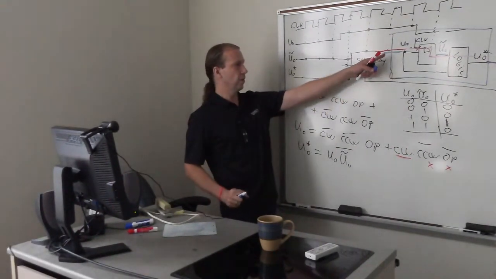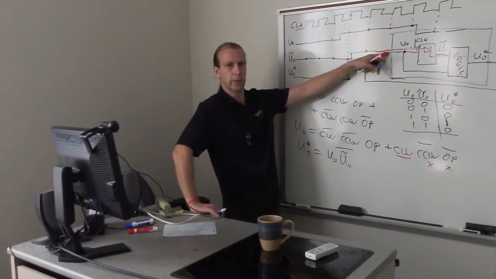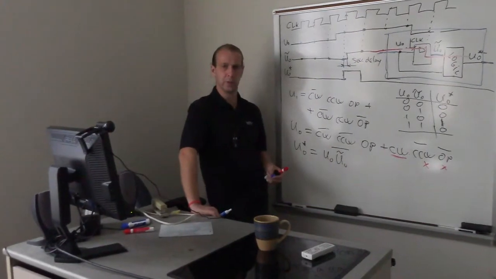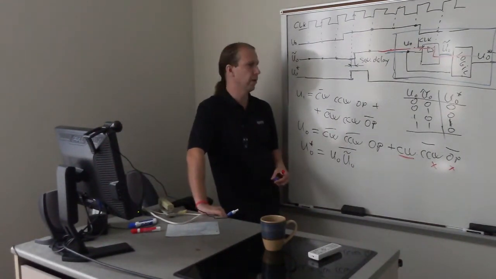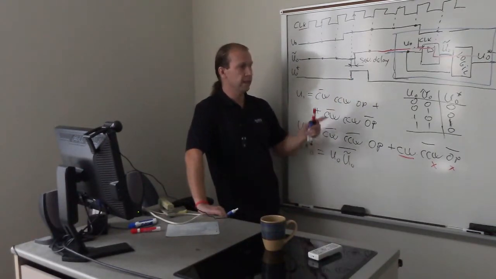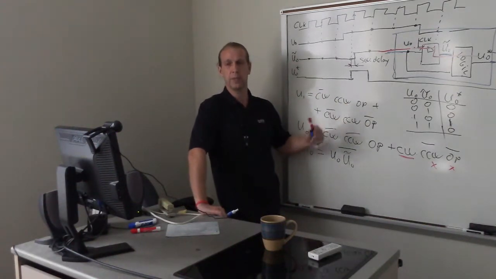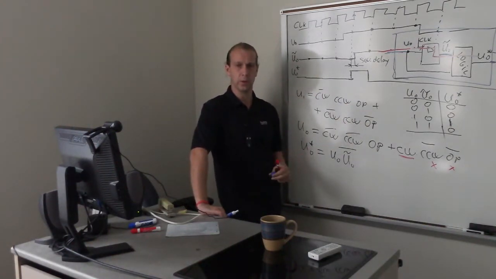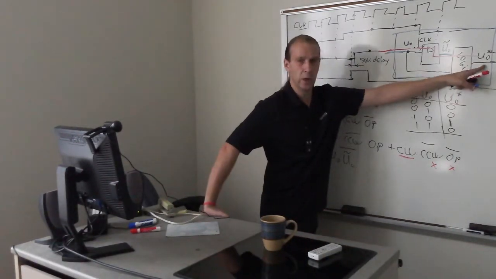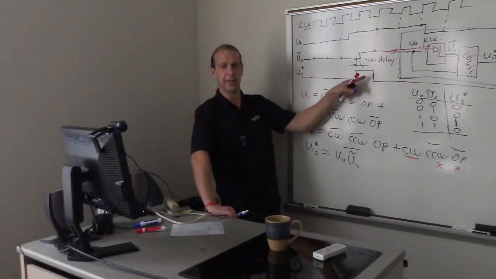So instead of letting U0 go to the finite state machine, we allow U0 star to go to the input of the finite state machine, to the excitation function. And this guarantees that anytime we press the push button and hold it, it doesn't matter how long we hold it, there will be only one single transition, because U0 star will be active for only one clock cycle. And same with U1.